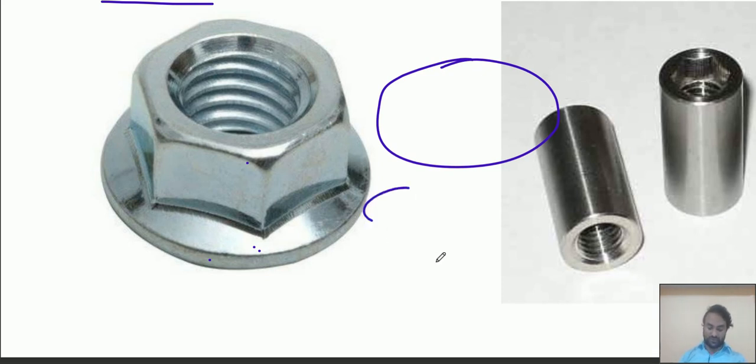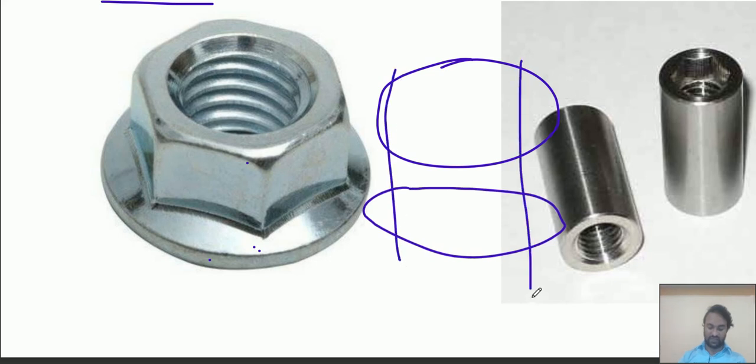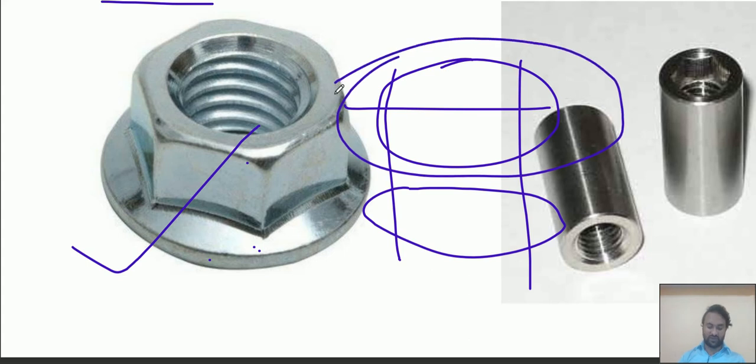So if the diameter of the hole is somewhat larger, we can still use a bolt along with the flange nut, because the flange gives more surface area than the hole size, and that will lock the surfaces. So for the head side we need to use a washer, and for this side we use the flange nut.